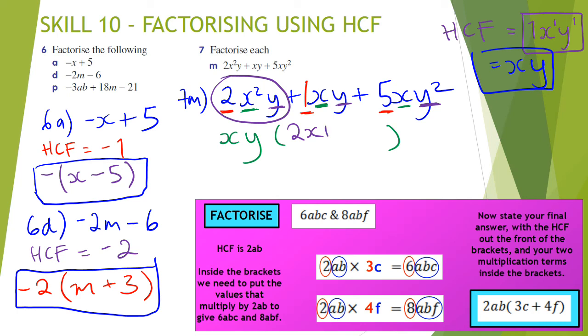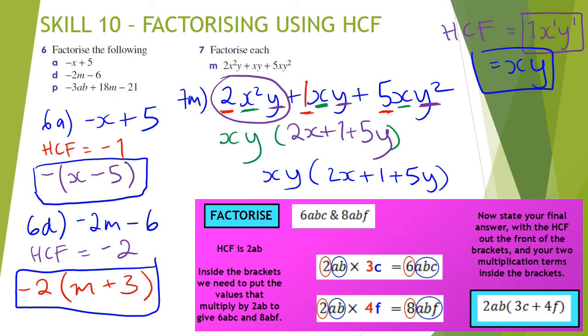Then to get the second term, we only need to multiply by 1 because we've already got the letter x and the letter y. To get the last term, we need a 5 out the front. We don't need an x, but we need a y to make y squared. So our final answer will be xy out the front, 2x plus 1 plus 5y.